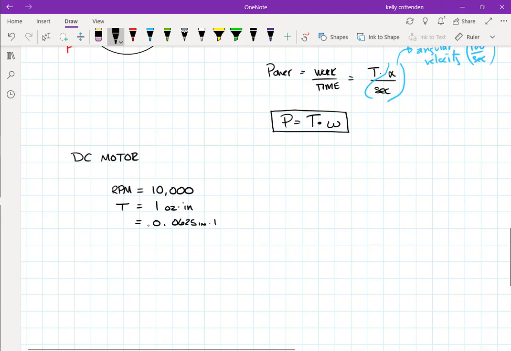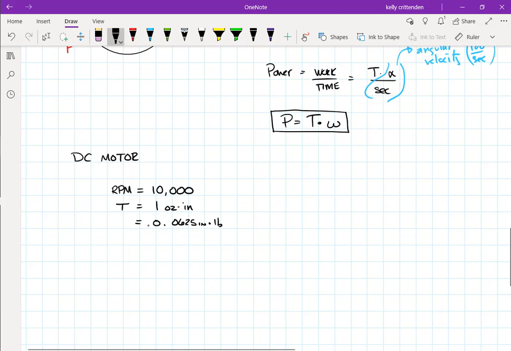0.0625 inch-pounds. Now, if you do go and you're trying to size some motor for a particular job, and you get data like this, a speed and some torque, this is one point on an actual curve. There's a torque curve for electric motors, and other powered motors too. This is some point off of that curve.